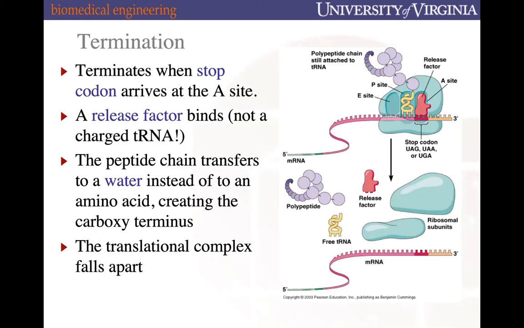Once the peptide chain is released, the ribosomal assembly will fall apart and translation is over. So the release factor recognizes the stop codon. It contributes a water molecule to create the C terminus on the peptide chain and helps promote the disassembly of the ribosome to terminate translation.